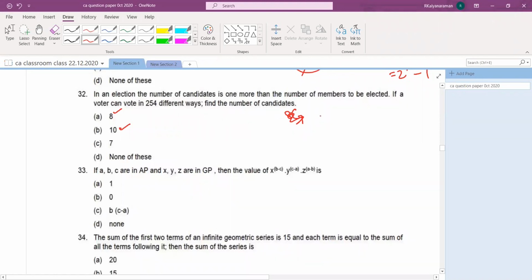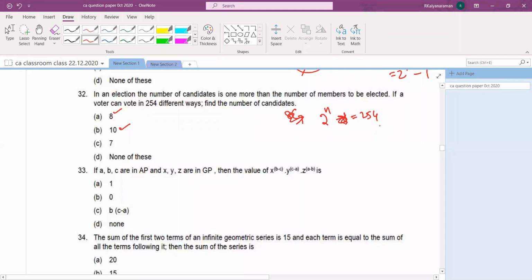Okay, so 2 power n minus 1 is equal to 254. 2 power n is 254. 2 power 8. 2 power 8 is what? 128, 256.